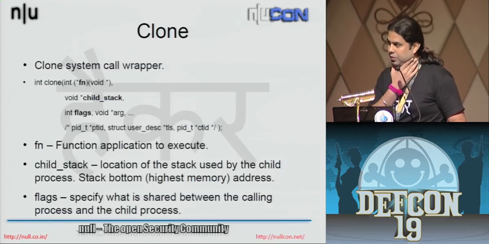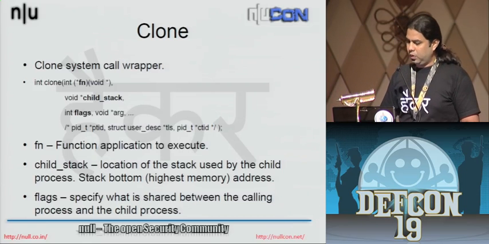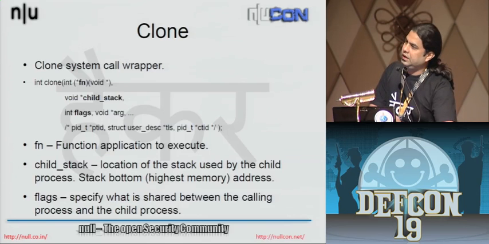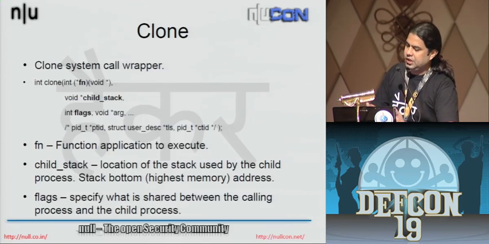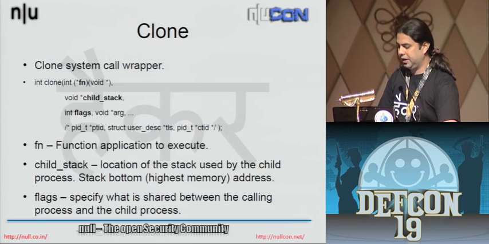So, threadification. I use the mmap code to first allocate memory inside the process. I allocate memory for the thread, and I allocate memory for the thread stack. And then I call the clone. I inject the clone shellcode, which also contains my payload that we will come to later.